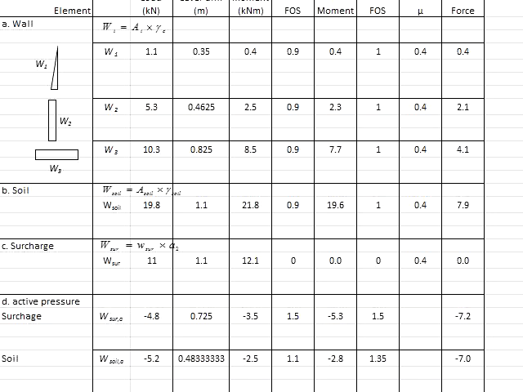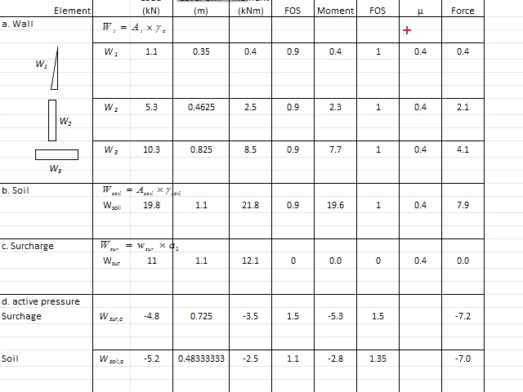Among the forces which are favorable to the sliding, there are GK and QK. QK does not contribute in resisting the frictional force. With that, the factor for the favorable forces due to QK is equal to 0, and due to GK is equal to 1.0.